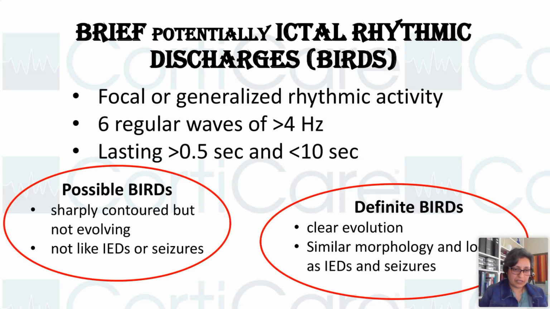So your question: are these possible? Are these definite? If you're not sure, I think it's safe to use the term BERDS. Then you go up and follow this category up here. They are focal or generalized. There are 6 regular waves of more than 4 hertz, and they last for more than half a second, but less than 10 seconds.